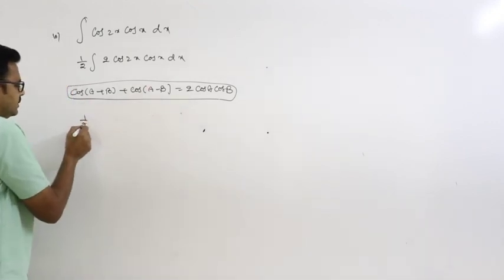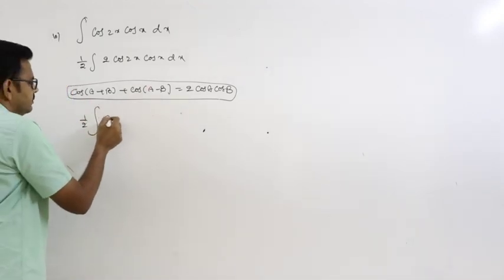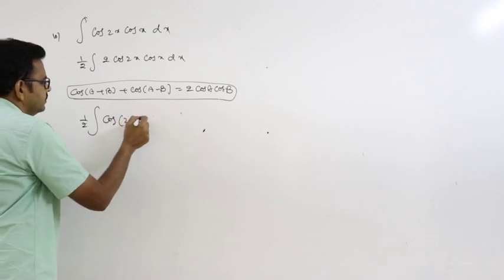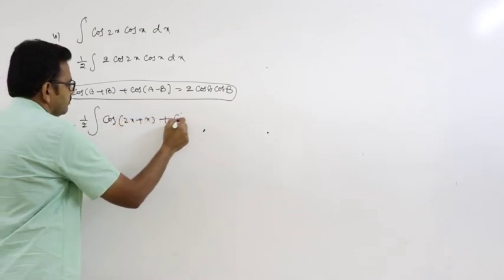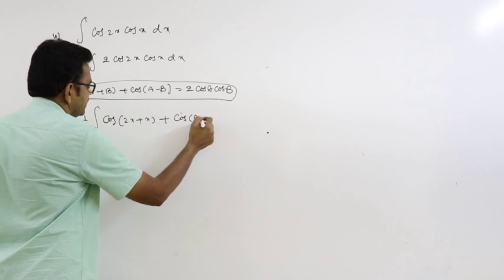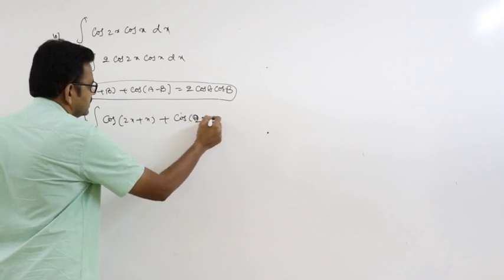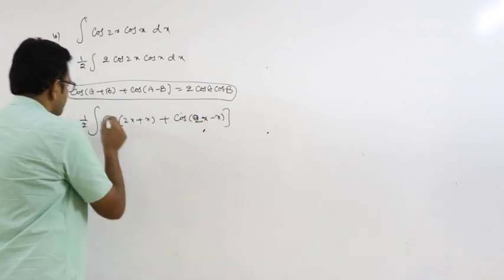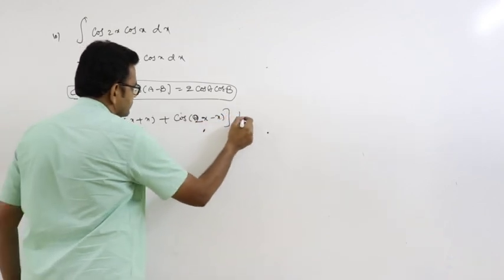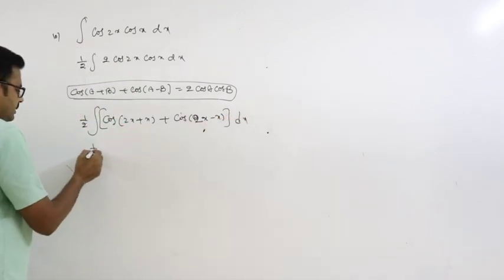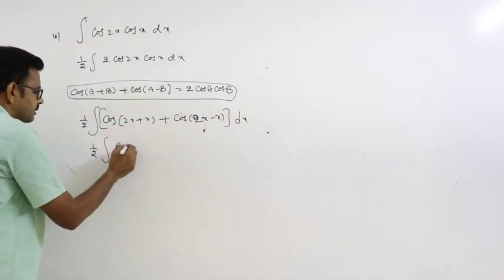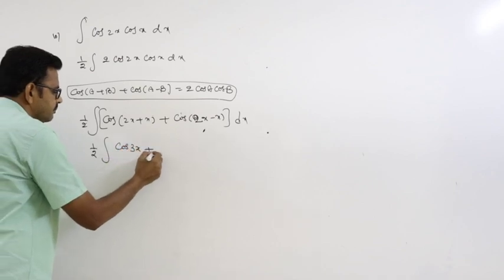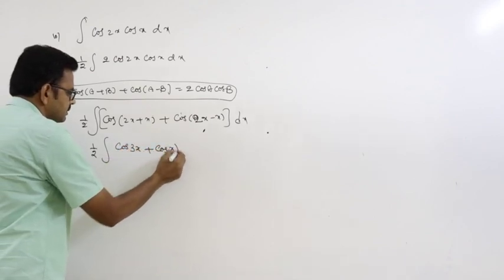This is 1 by 2 into cos of a plus b, that is 2x plus x, plus cos of a minus b, that is 2x minus x, dx. 1 by 2 integral cos 3x plus cos x dx.